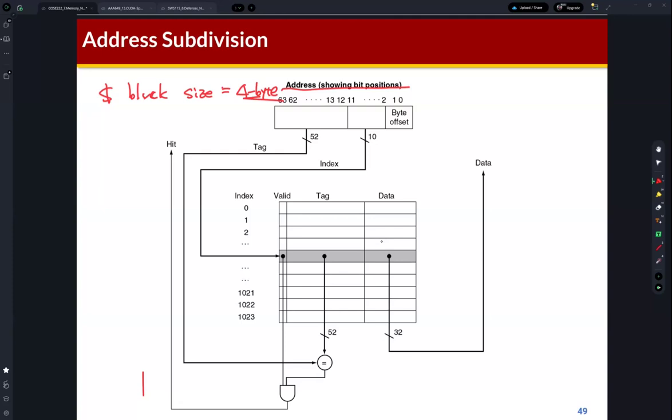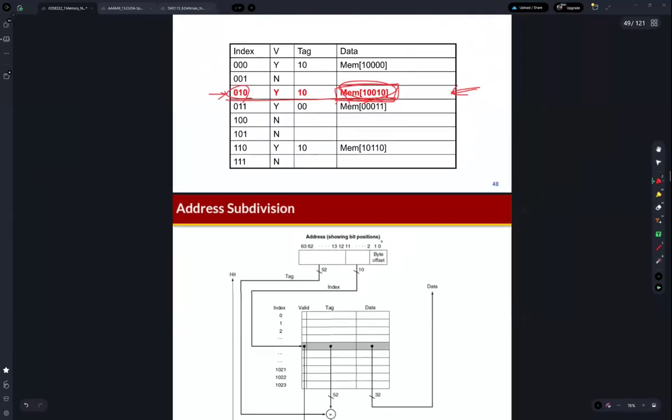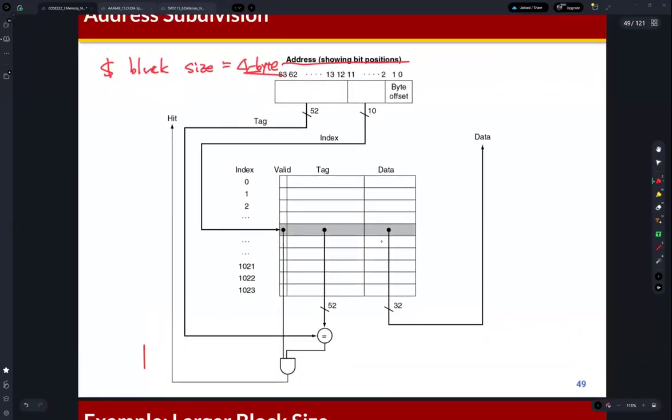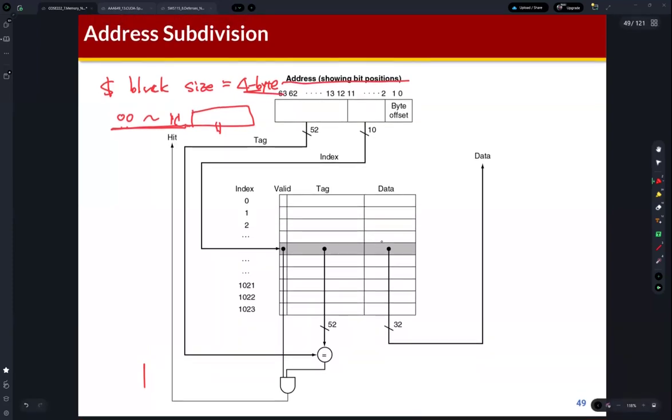So which means address 00, 01, 10, 11, so the low address bits, are actually included in the same cache block, right? So a processor uses byte addresses, right? So one address represents 1 byte of data, right?